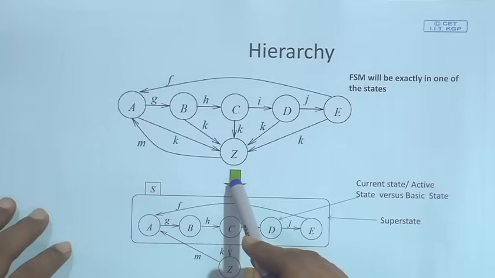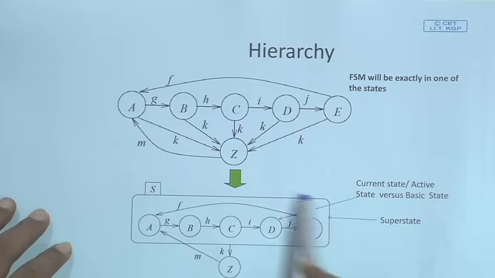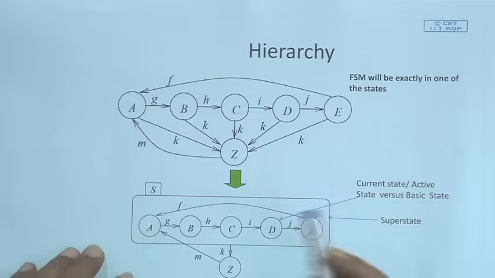Now, you see that we can employ a hierarchy over here. We can say that this whole thing is one state, and Z is another state. We are now abstracting out and giving less details. We are giving more details in phases. So, I first say that I have got two states here.